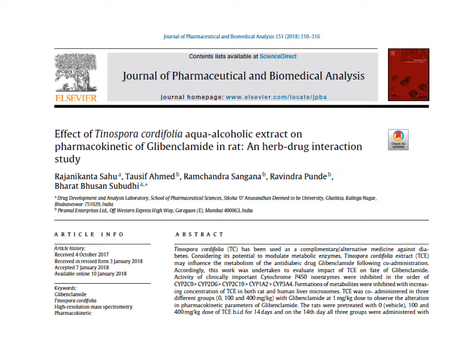But what is the implication of this? Whether there is any enhanced effect, or any risk associated, or any pharmacokinetic interaction, was never studied. So we worked on that, and we found that Tinospora cordifolia has a pharmacokinetic interaction with glibenclamide, which we will show in the next slide.